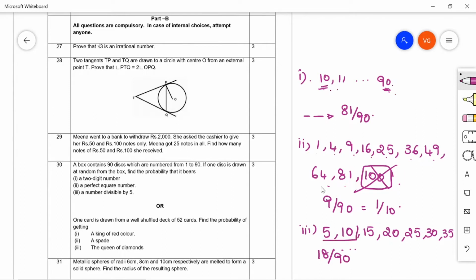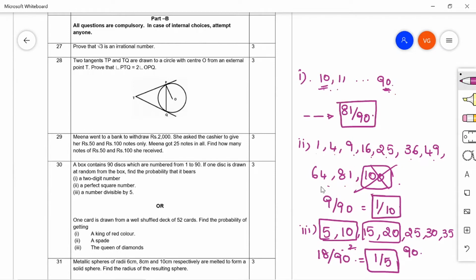See here, till 10 I will get 2, till 20 I will get 4, so like that 90 means what? How many pairs will you get? 9 into 2, 18, right? So 18 by 90. That statement you have to write. Probability of getting a number that is divisible by 5 is totally 18 by 90, that is nothing but 1 by 5. So write the statement, write your answer and put a box around.